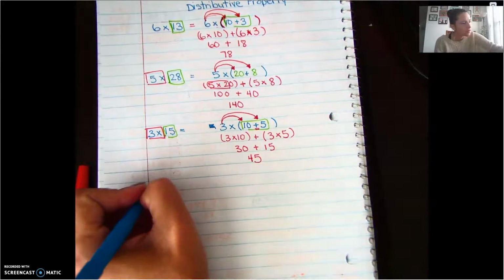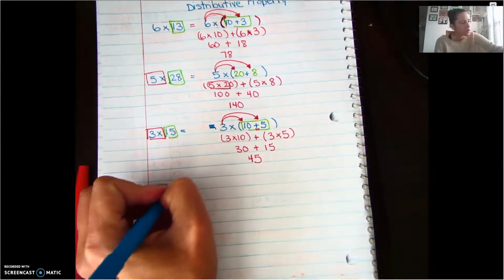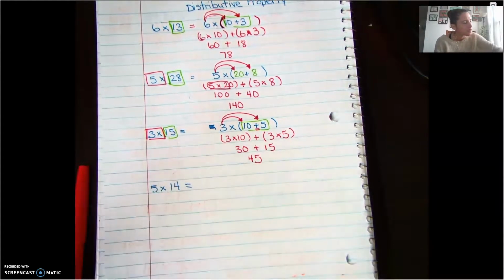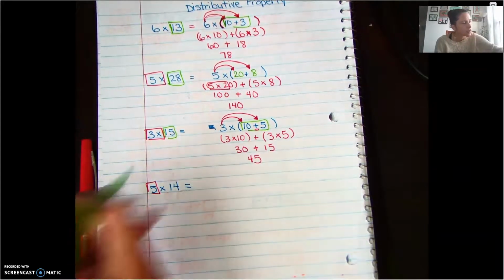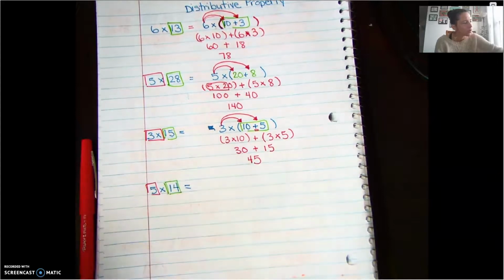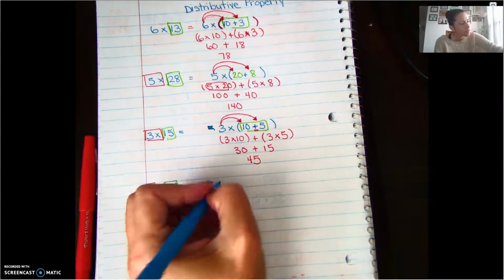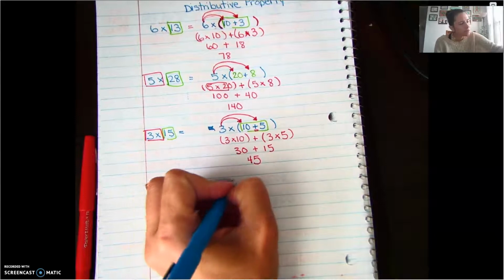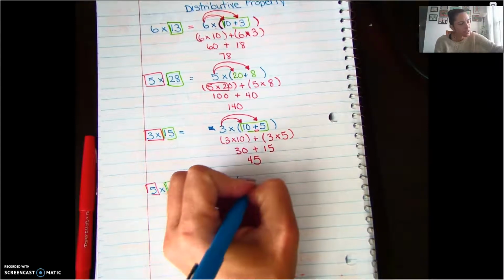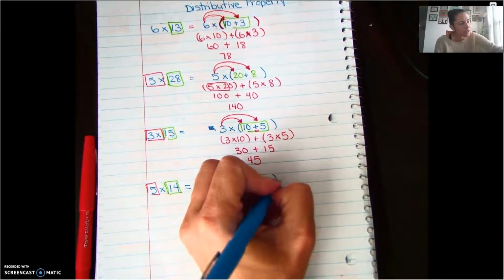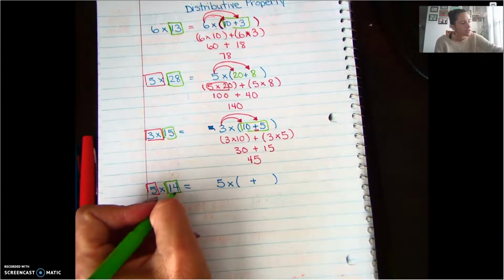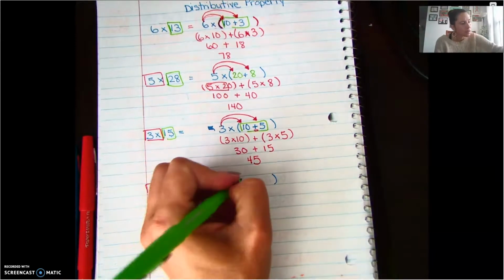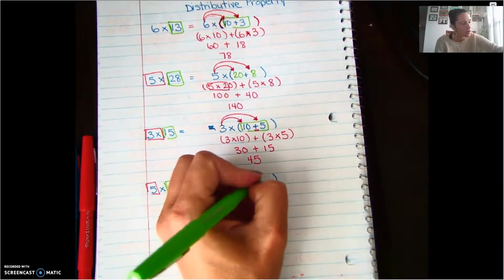All right, so let's do another one. We've got 5 times 14. Okay, so I'm going to go ahead and box this up so I know where they go. The 5 is on the outside. I have my parentheses, my plus. All right, 14 is going to be 10 plus 4.